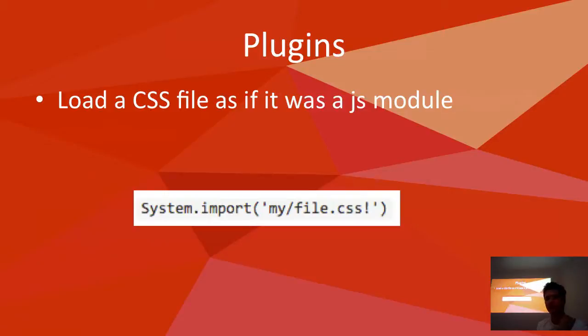The exclamation mark is there because the plugin is called CSS, and if that plugin was named differently, then we specify it after the exclamation mark. So it's exclamation mark with nothing, and it's the same as the extension, or it's exclamation mark and then the module, which is the plugin which implements how the thing should be loaded.